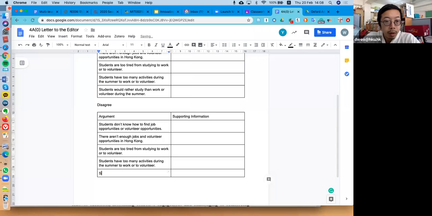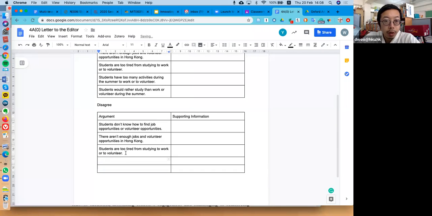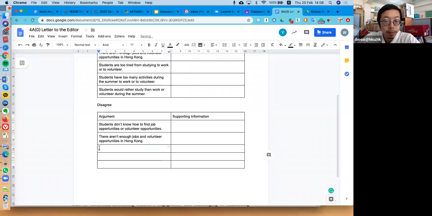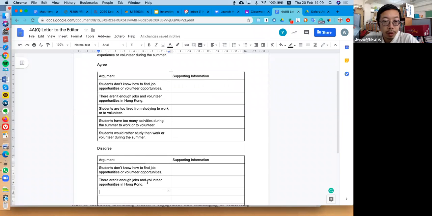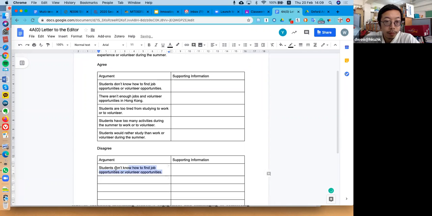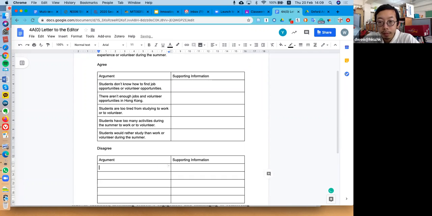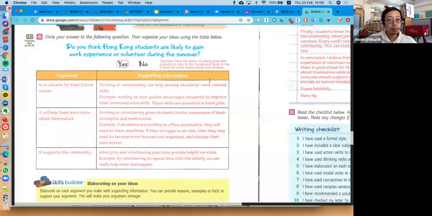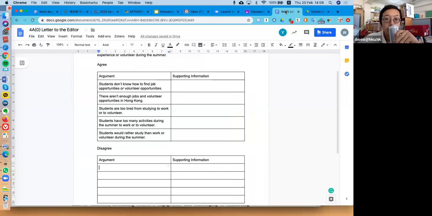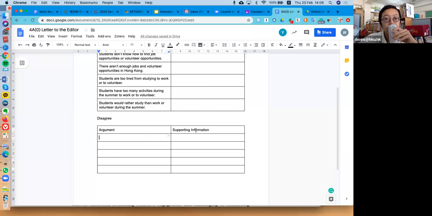So what are some reasons why students would likely gain work experience or volunteer during the summer? The textbook shows a few reasons why. But what are some other reasons why?